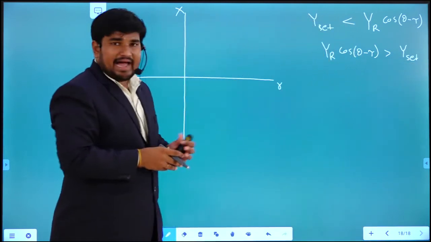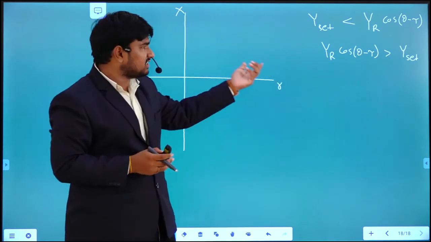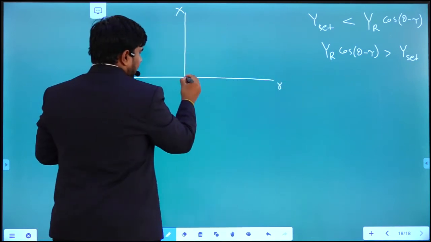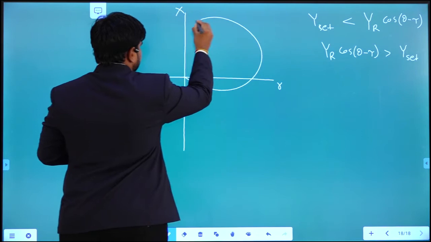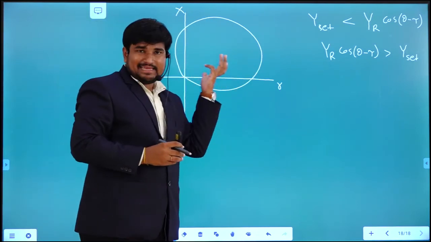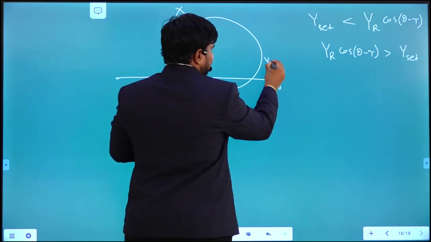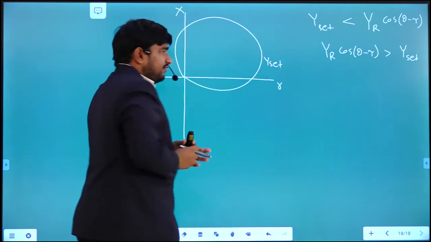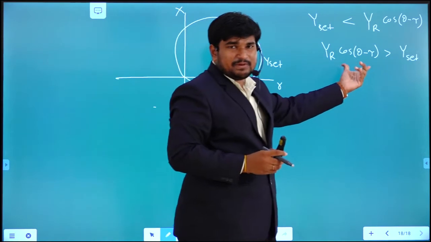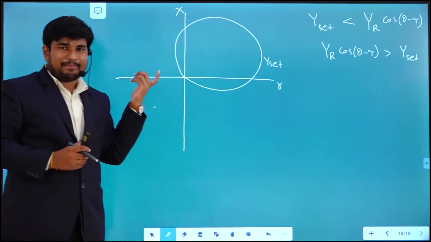As YR cos theta minus tau looks like a directionality feature, the characteristic will look like this. The characteristic of the mho relay looks like this only. So this is the set value, Y set. If this condition is met, then only the trip signal will be generated in case of the mho type relay.